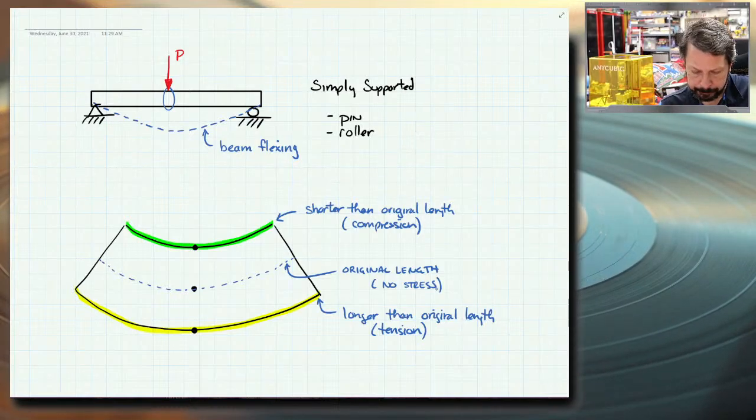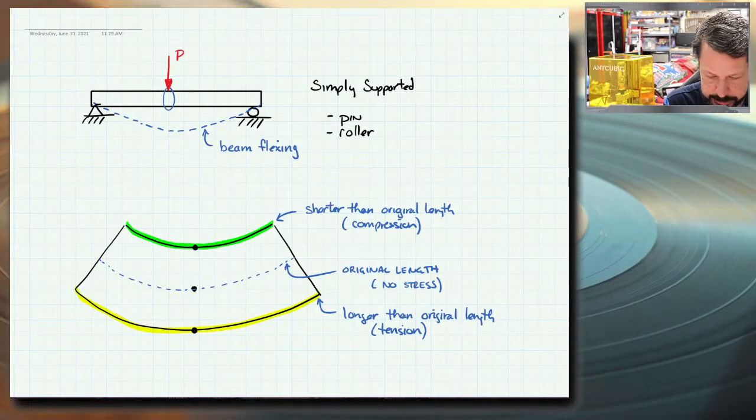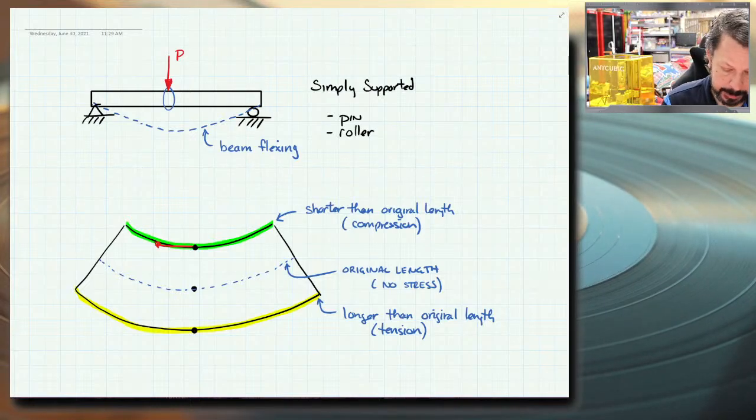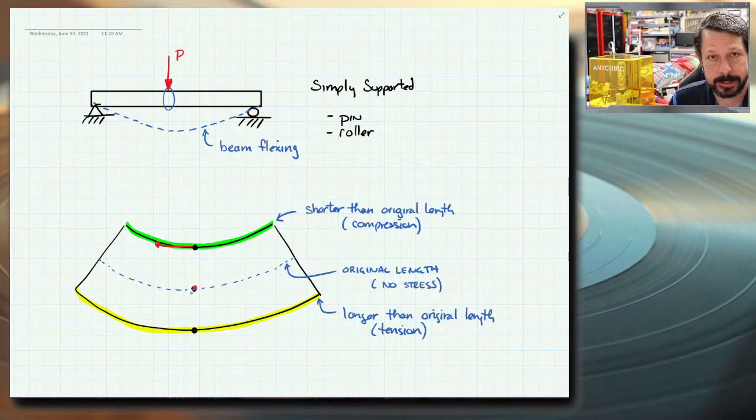And I'm going to draw this as a compression because it's going to the left, so we'll say that means it's negative. Zero stress in this area where the beam has not changed length, it's the original length.